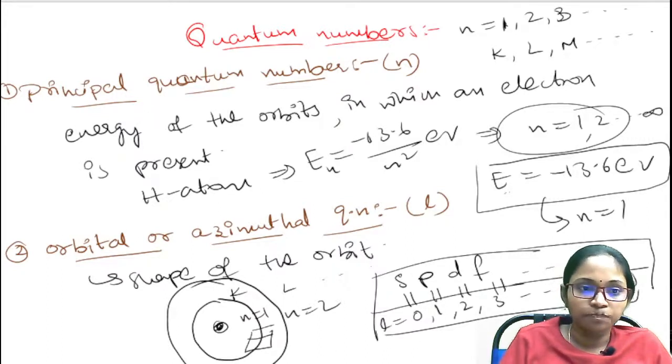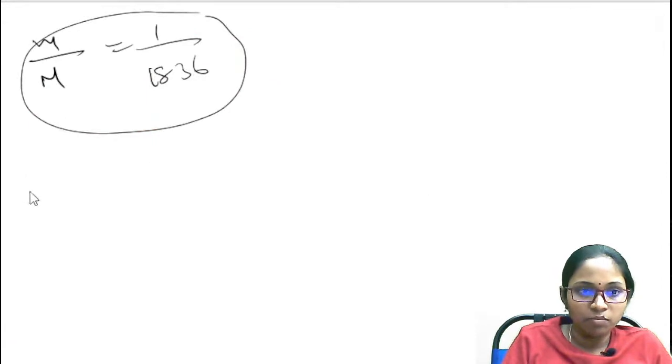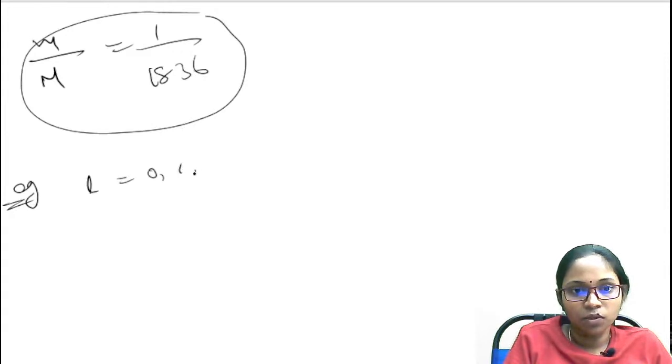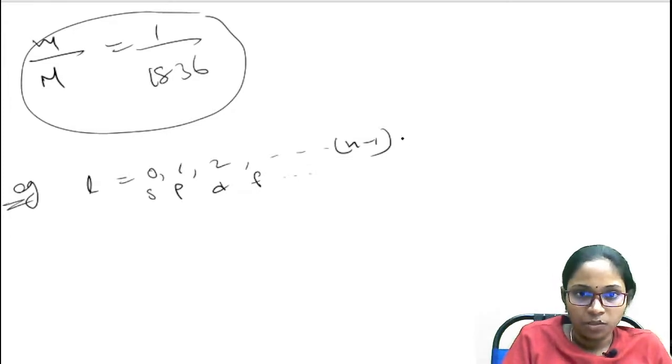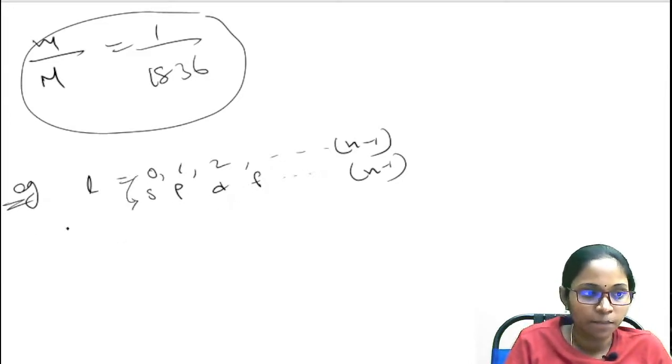For example, I'm writing here the example. So L can take values from 0, 1, 2, 3 and so on, n minus 1. That means you can also represent with S, P, D, F. Okay, subshells n minus 1. Subshells can also be represented with S, P, D, F. These are of small letters.